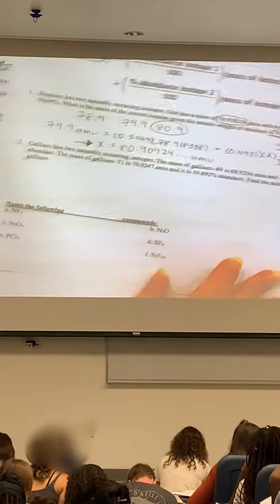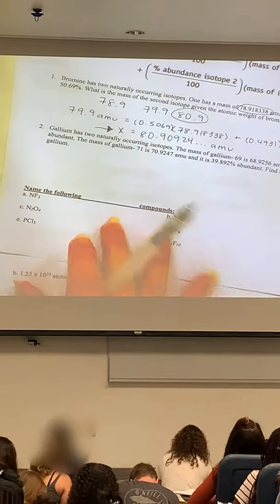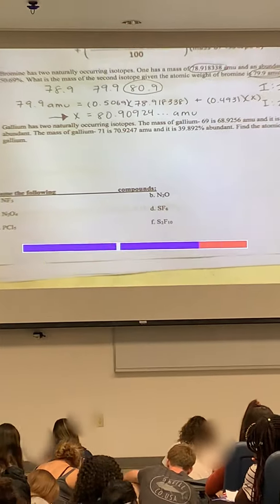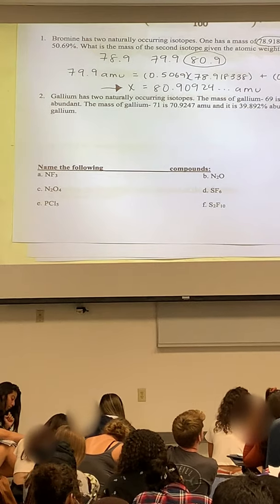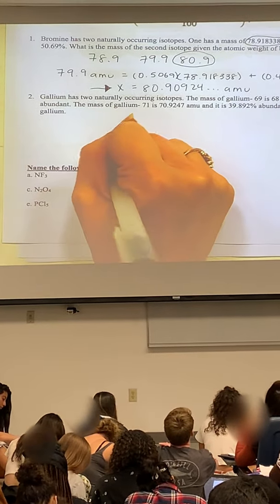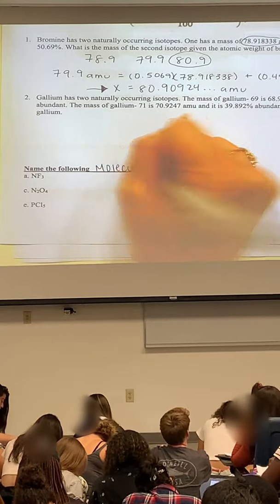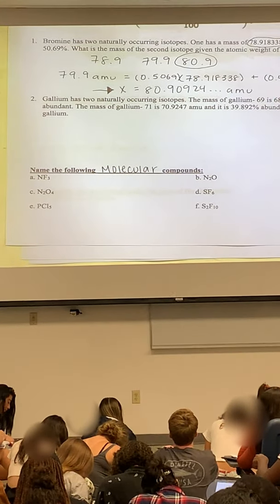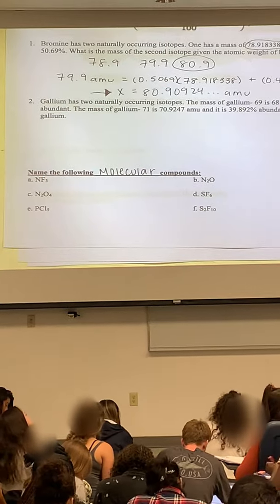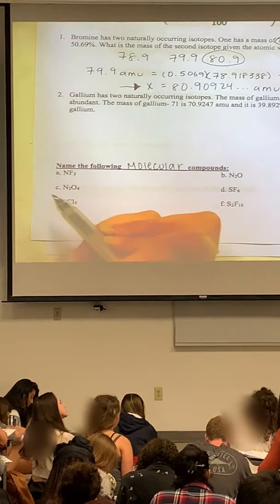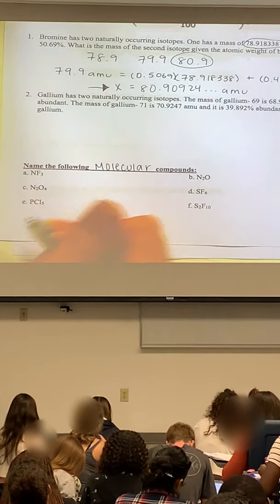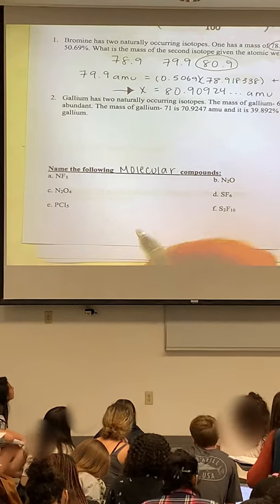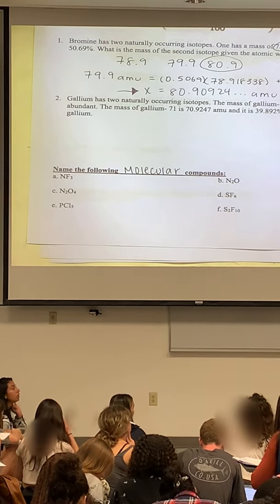So looking quickly at this list of compounds, are these molecular or ionic? They are molecular compounds. And the way we go about naming molecular compounds is the name of the first element, if there's no subscript, it's just normal, and then the name of the second element, and it has to end in IDE.